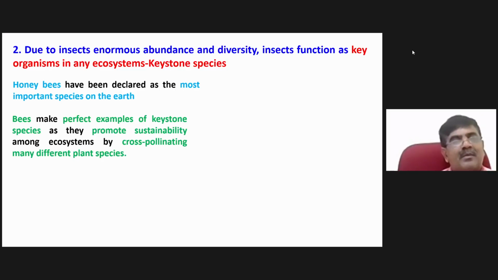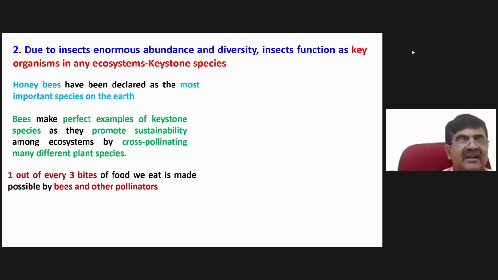So they form keystone species because they promote sustainability among the ecosystems by helping in cross pollination of many plant species.